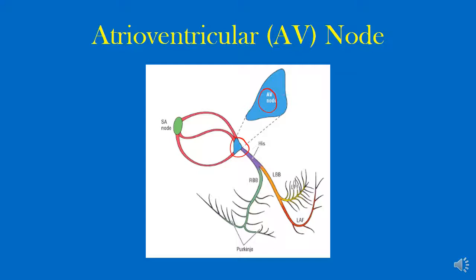The AV node plays a key role in slowing the conduction from the atria to the ventricles just long enough to allow for the atrial contraction to occur. This slowing is key for allowing the atria to completely fill the ventricles with blood and help maintain a maximum cardiac output. While we saw that the SA node could receive its blood supply from more than one artery, the AV node is always supplied by the right coronary artery.